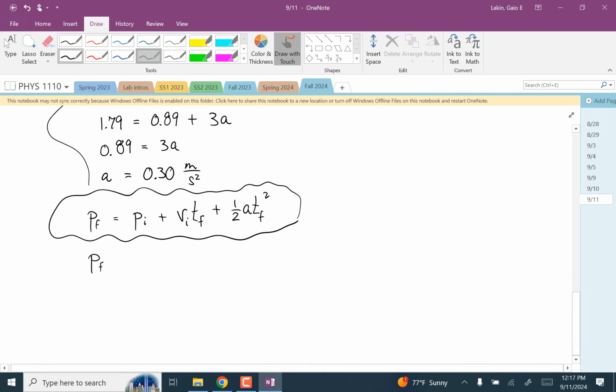So PF is equal to 0 plus 0.7989, wasn't it? Times 3 plus 1/2 times 0.30 times 3 squared.